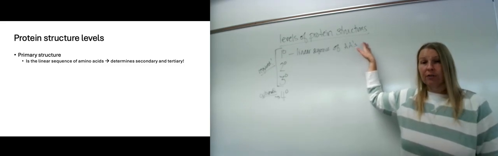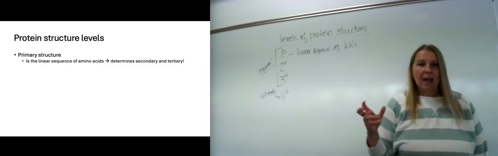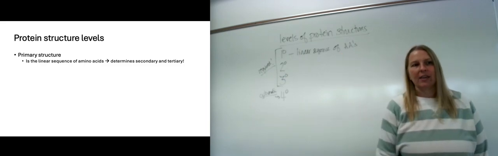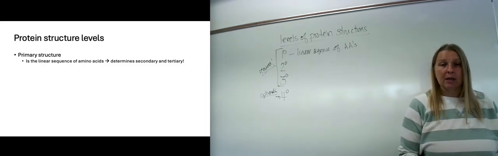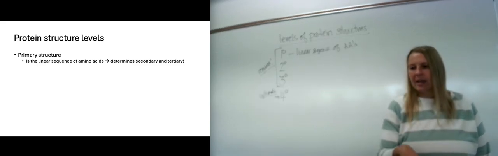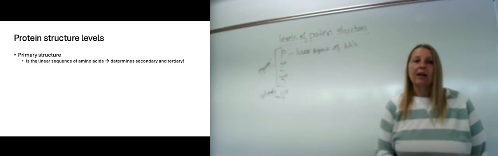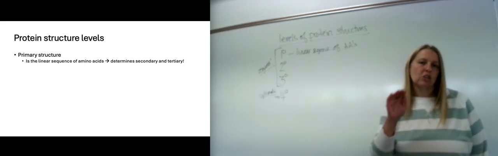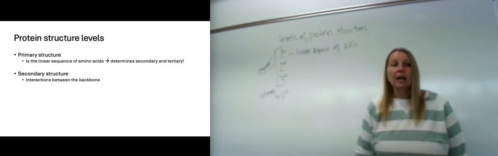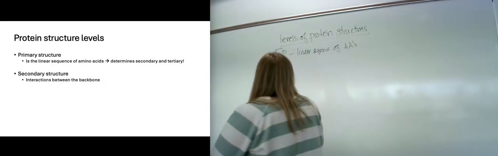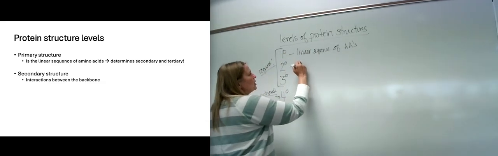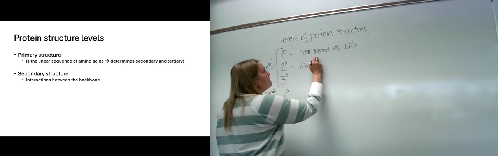These are the instructions to fold, but we don't necessarily have it all figured out of how they do that yet. But the linear sequence of amino acids, so alanine, glycine, methionine, etc., that is the primary structure. So you can just read those off, and that's what it is. Secondary structure, okay, our interactions are made with interactions of the backbones.